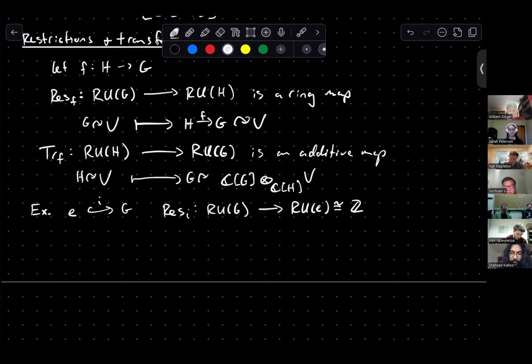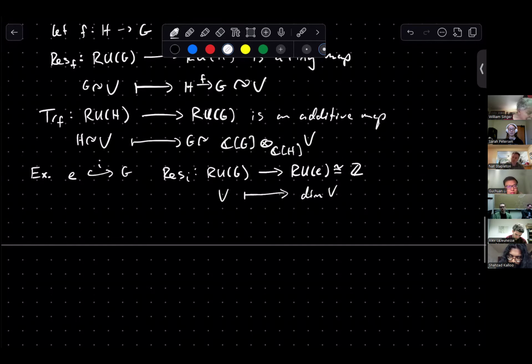But what am I doing? I'm just taking the underlying vector space. So this map must take a G representation V to the dimension of V. This is also called the augmentation map for the representation ring of G. So this is a ring map that we have. It's the dimension map, takes a G representation to its dimension.